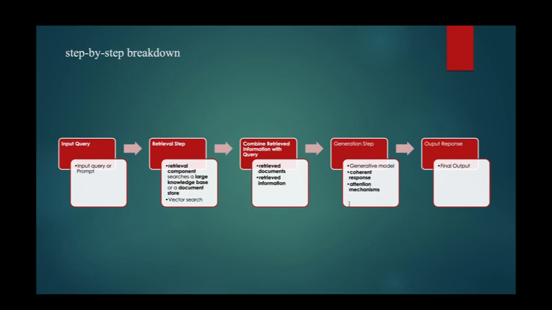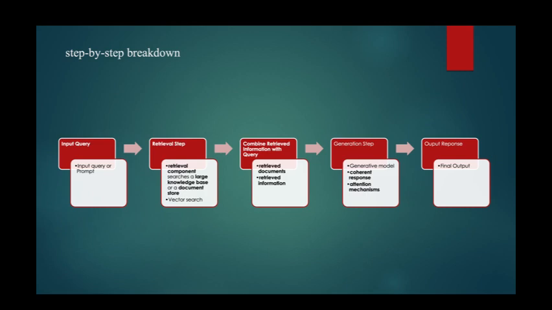The generative model uses this combined input to generate a coherent response based on the new augmented context. The model might use techniques like an attention mechanism to focus on the most relevant parts of the retrieved documents while generating the answer.